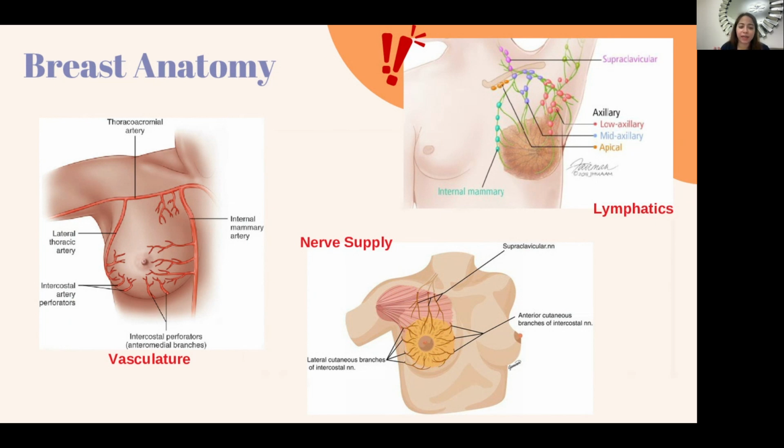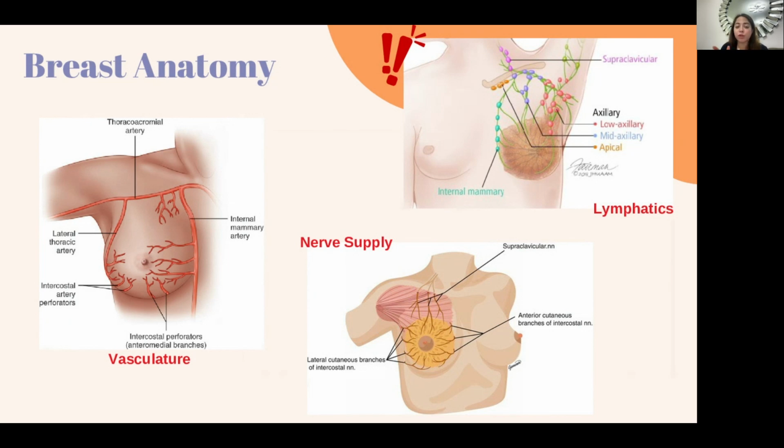And then finally, milk production and secretion is regulated by hormones, so it's not to do with the nerves. The nerve structures are just there for sensory and autonomic functions, and the hormones are what really drive milk production and secretion. In terms of lymphatics, these have great importance when it comes to metastasis of breast cancer cells.